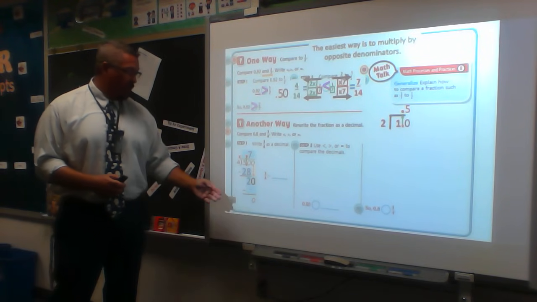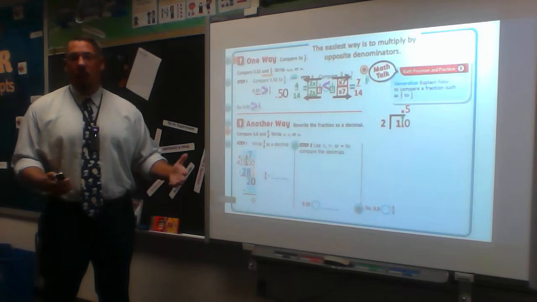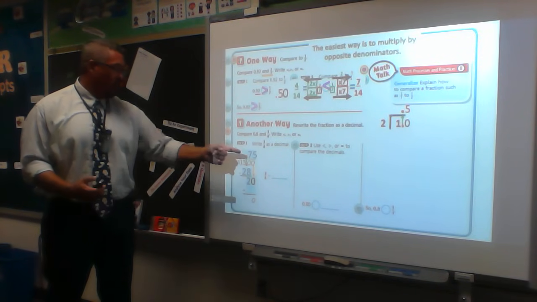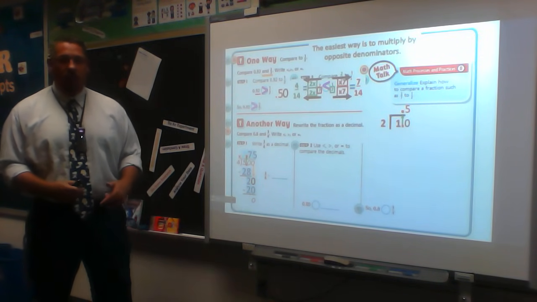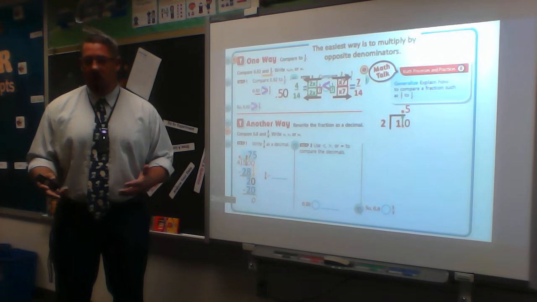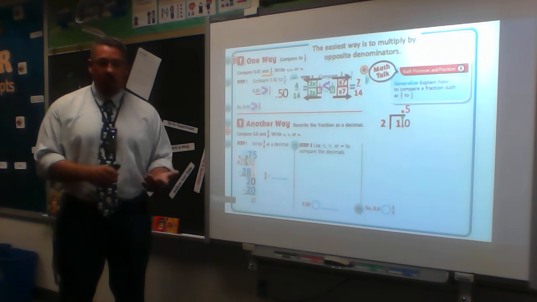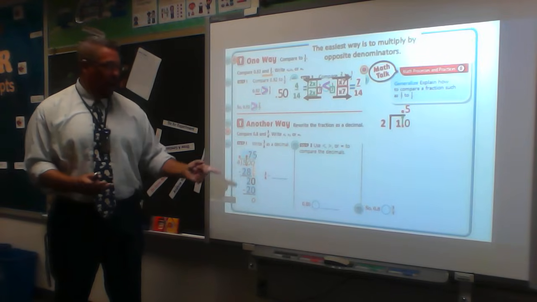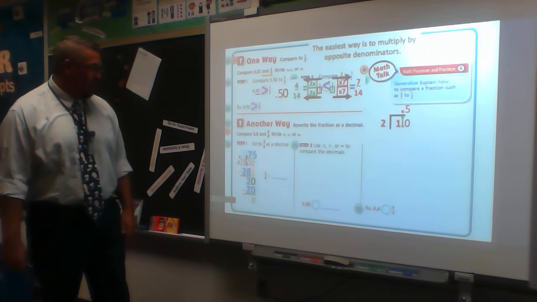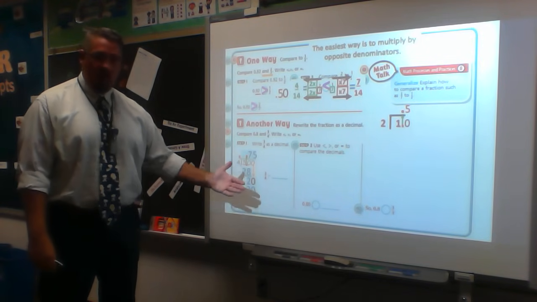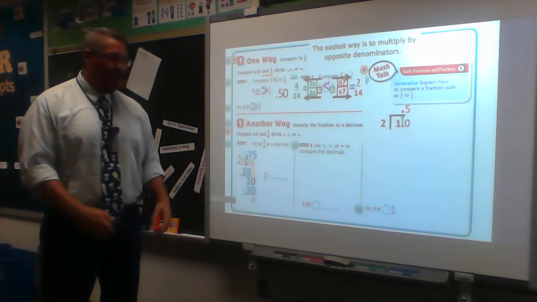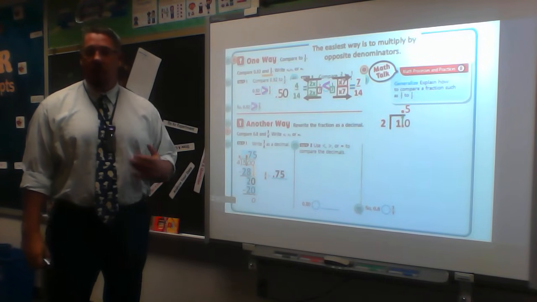When I bring down my zero, then I have 4 and 20. I know that 4 times 5 is 20, so I'm going to have a 0 remainder. If I don't know that 4 times 5 is 20, then I would just take my handy dandy calculator and take 20 divided by 4 equals, and I would see it is indeed 5. So what we're saying is that 3/4 as a decimal is the same as 0.75 or 75 hundredths.